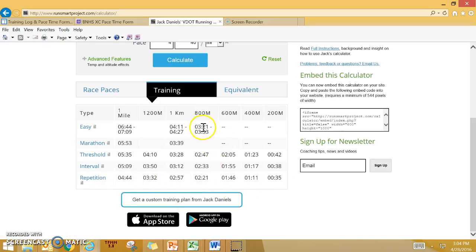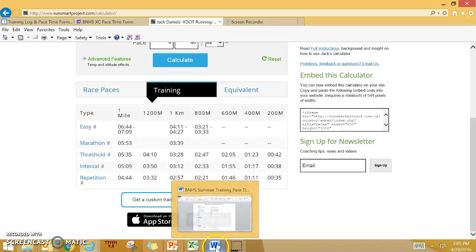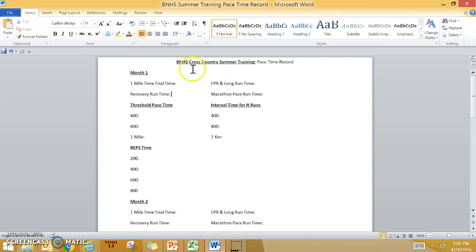Now, the thing you have to do when you calculate your time is, in your training packet for your summer training, you need to put these times into a record. So we have the BNHS Cross Country Summer Training Pace Time Record. For month 1, I ran a 4:40. So what does that mean my EPR and long run time is going to be? Remember, those two have the same exact time.